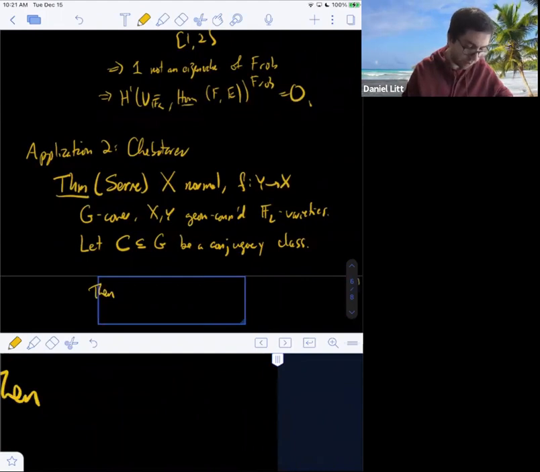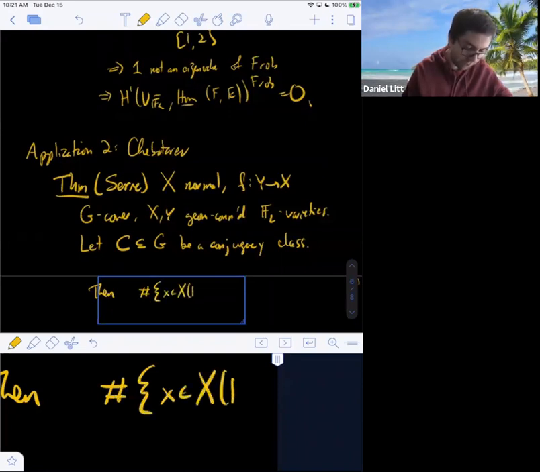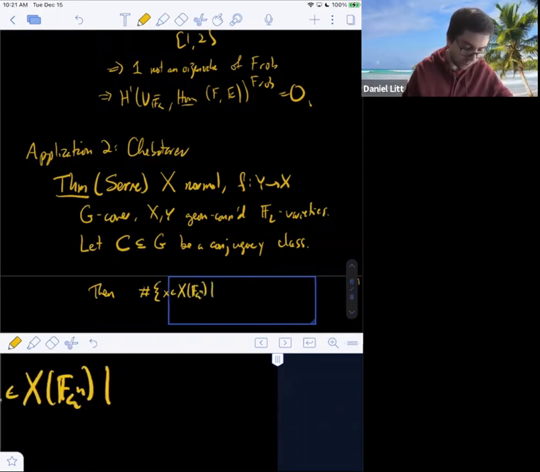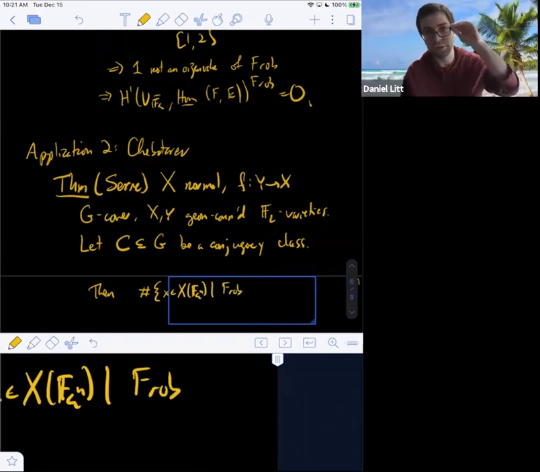is that if you look at the proportion, so the number of x in X(F_{q^n}) such that the Frobenius at x, so let me remind you, if x is a rational point of big X, it's the same as a map from Spec F_{q^n} to X, and that induces a map on fundamental groups.